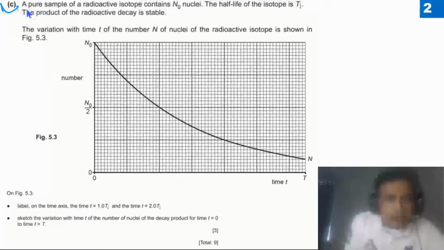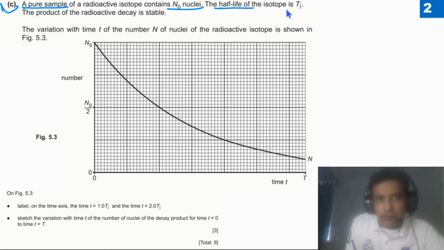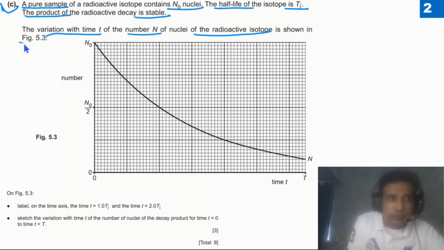Question 2, part C says: a pure sample of radioactive isotope contains N0 nuclei. The half-life of the isotope is T half. The product of the radioactive decay is stable. The variation with time T of the number N of nuclei of the radioactive isotope is shown in figure 5.3. So this curve is for the radioactive isotope.